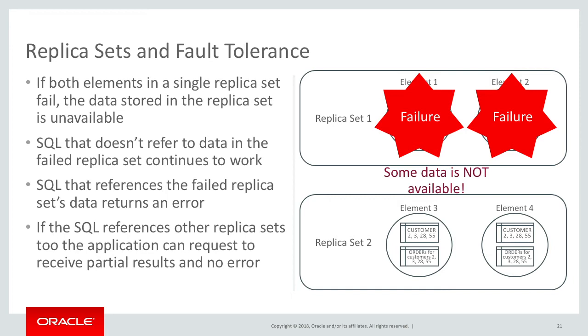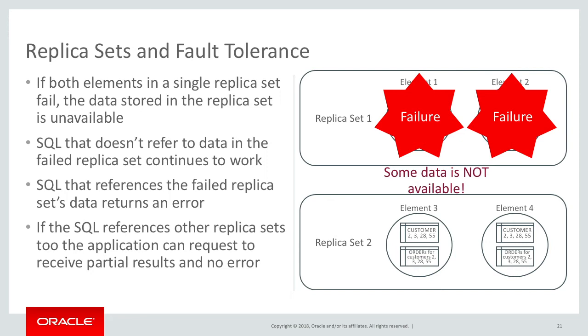If you try to update data that is stored in replica set 1 or try to query data that's stored in replica set 1, your application will get an error. And if you're trying to execute SQL which touches all data, suppose you want to do a count star on this table, right? You'll get an error.